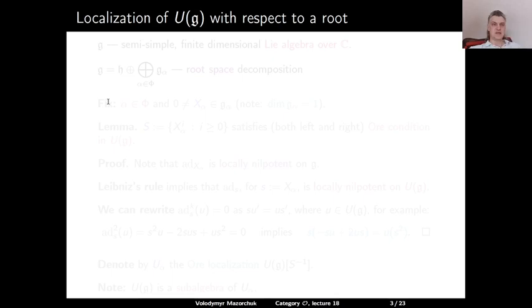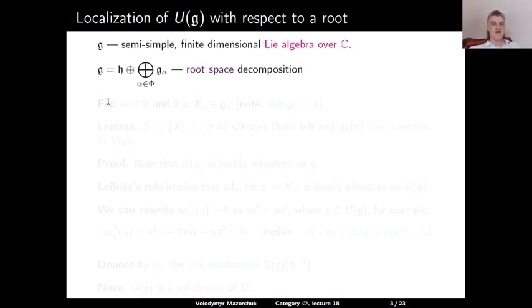Let us now discuss localization of the universal enveloping algebra with respect to a root. Let g be a semi-simple finite-dimensional complex Lie algebra with a fixed Cartan subalgebra h. So fixing this Cartan subalgebra gives rise to a root space decomposition of g into a direct sum of h and the root spaces g_alpha, where alpha runs through the root system phi of g with respect to h.